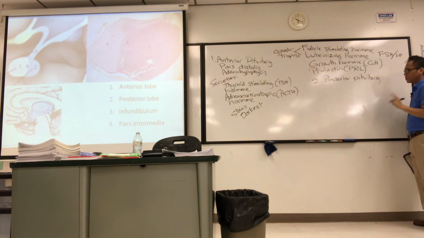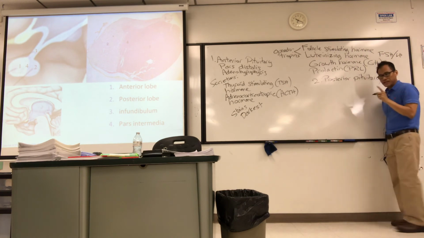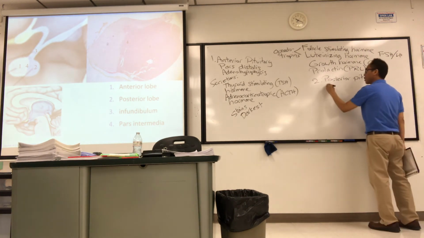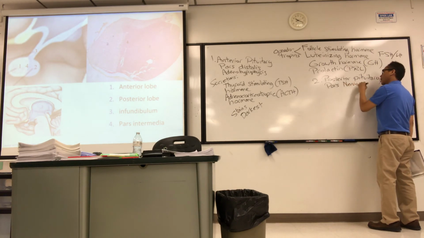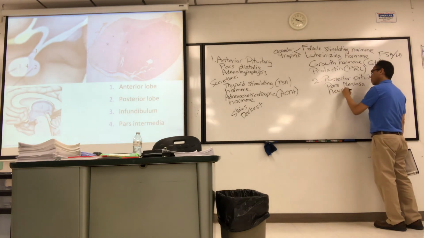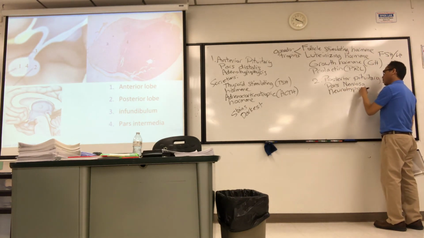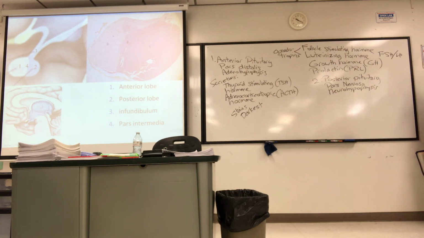That's what I mostly call it, but you should also know the alternate names. Pars nervosa, because it's an extension of the brain, basically. Neural hypophysis. That's about all I've seen it called.